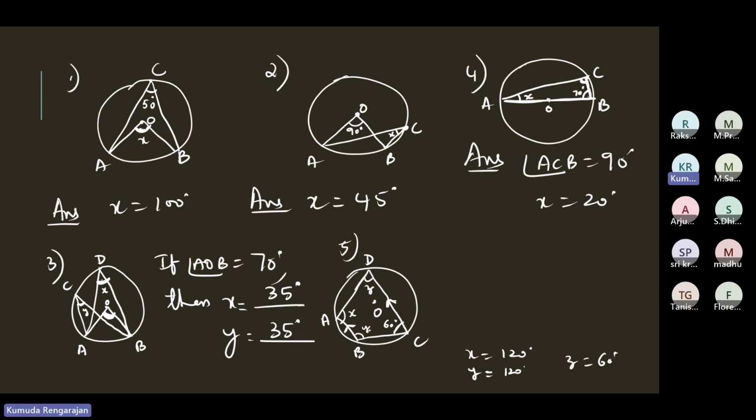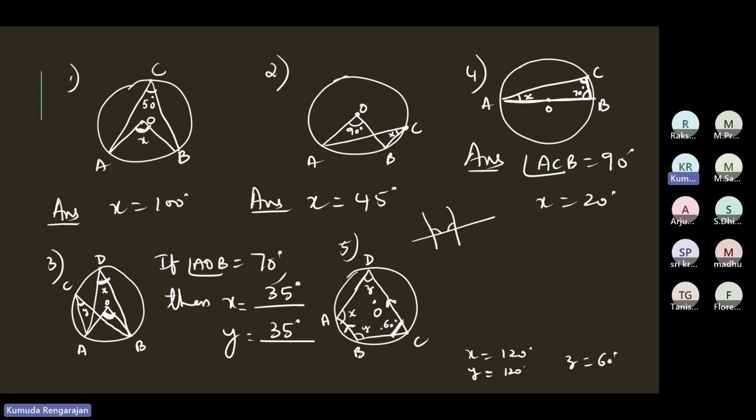In question number 5, in a cyclic quadrilateral, opposite angles are supplementary. So this is 60, so x is equal to 120. And then co-interior angles are supplementary. These parallel lines we've been seeing since 8th standard. Parallel lines and a transversal, co-interior angles are supplementary.